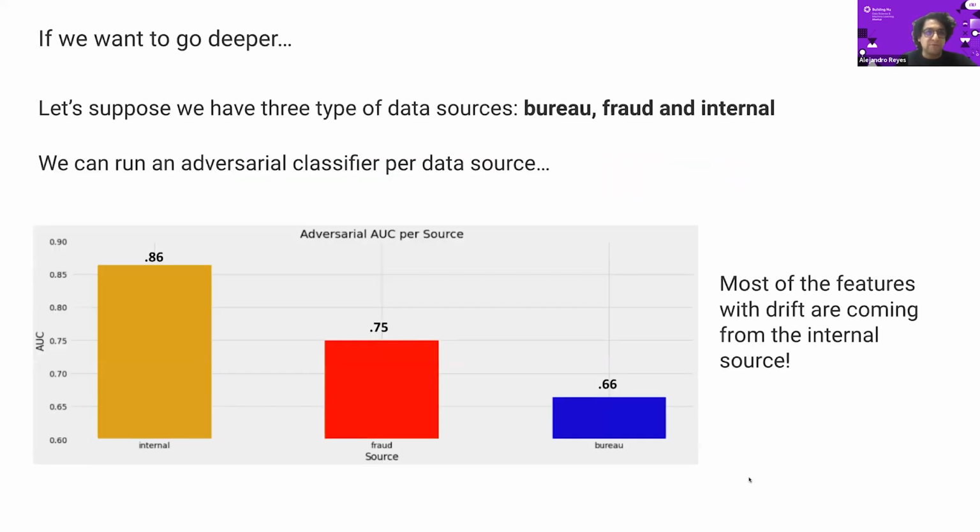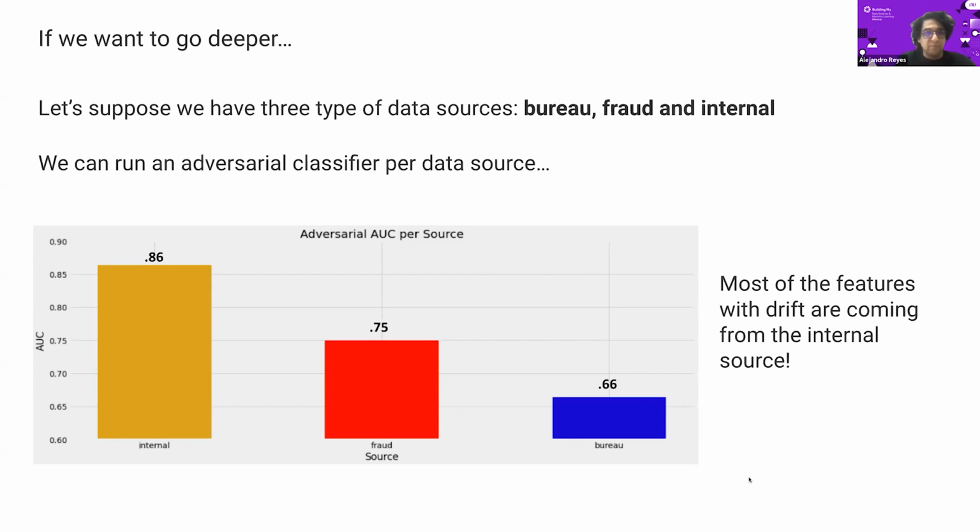Okay, want to go deeper. Let's suppose that we have 3 types of data sources. Bureau, we also have a fraud data provider, and also we have internal features, okay? What we can do here is, let's run an adversarial classifier per data source. So in this case, we can detect if the features with the higher drift are concentrated in some of our data sources.